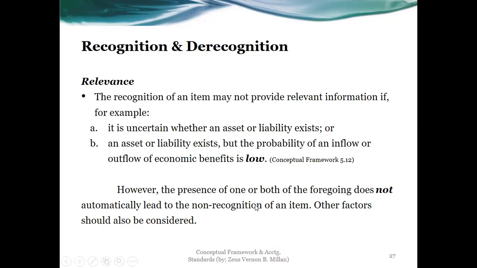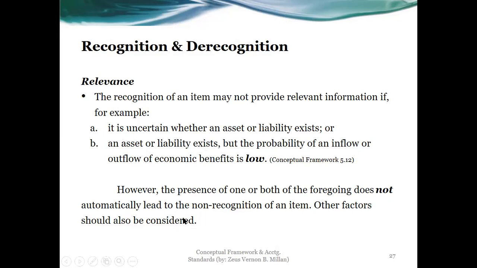However, we have to take note, this is from our conceptual framework, that in the event that one or both does not happen, then we would not automatically say that there wouldn't be any accounting element or item that would be recognized. So that's why other factors should also be considered.